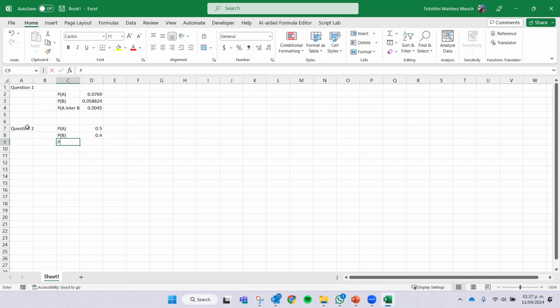And the probability of both, I'm going to put both, it's going to be easier, is 0.25. Okay, so what is the probability of having one or the other? If you remember, the probability of having one or the other is going to be very simple.